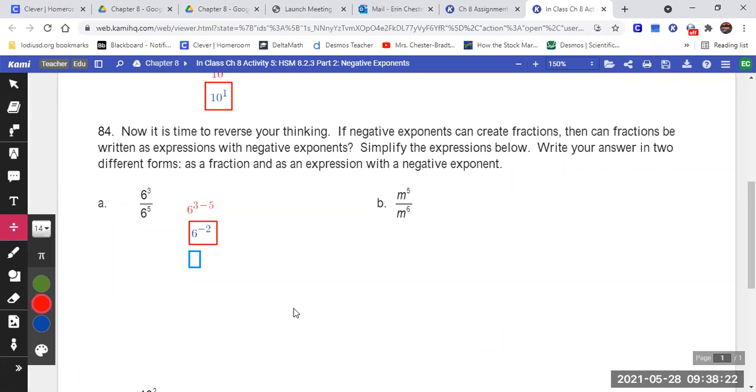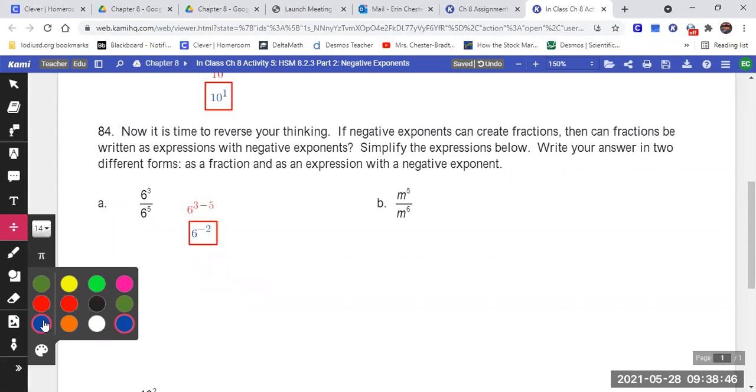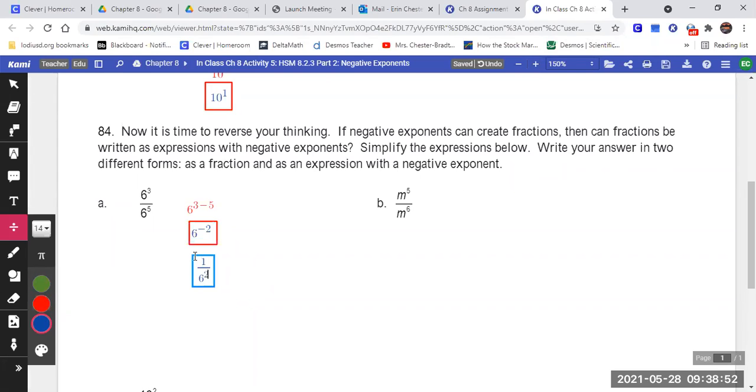If I set up 6 as a fraction, what is it going to look like? Yes, it's going to be a 1 over 6 to the 2. Remember, once we move it, it loses its negative. Okay? I took it away. 1 over 6 to the second power.